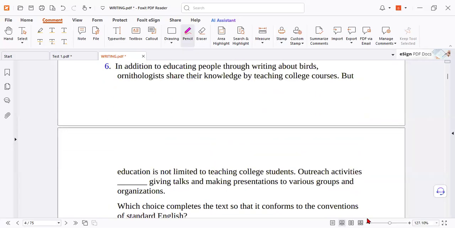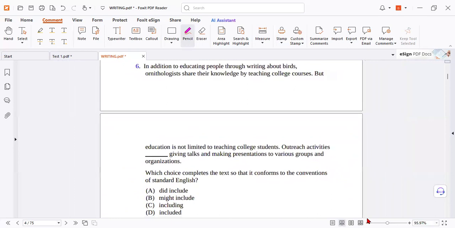The right number 6. Number 6. Letter B. B. C and D are not correct.